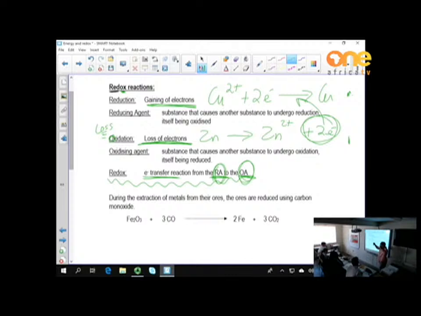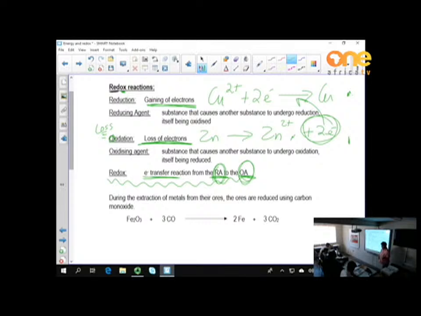Okay, in the zinc copper cell, we said the more reactive metal loses its electrons. The zinc is more reactive, it loses its electrons because they fight over electrons. So the copper ions will be the oxidizing agent. The zinc will be the reducing agent. So just to make it complicated, reducing agents themselves undergo oxidation, and oxidizing agents themselves undergo reduction.